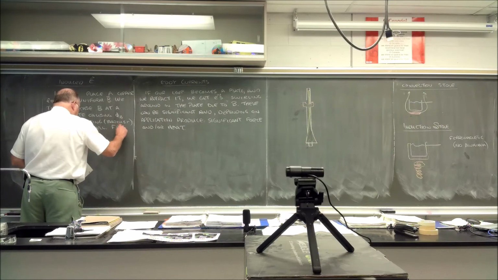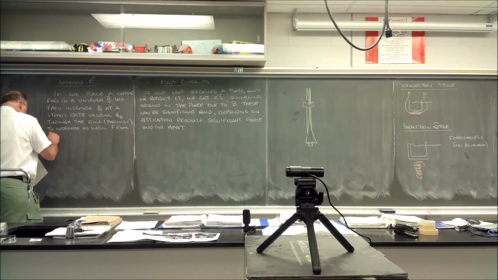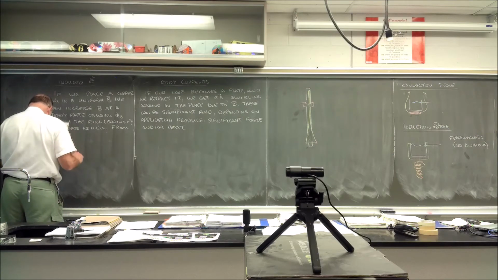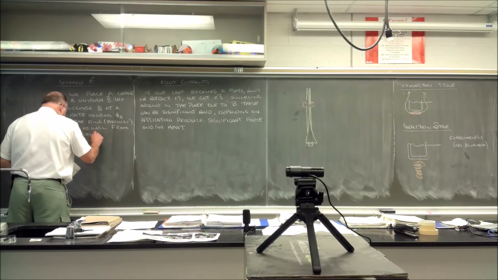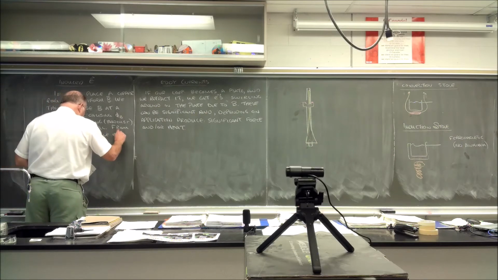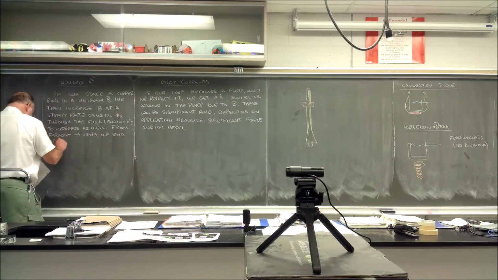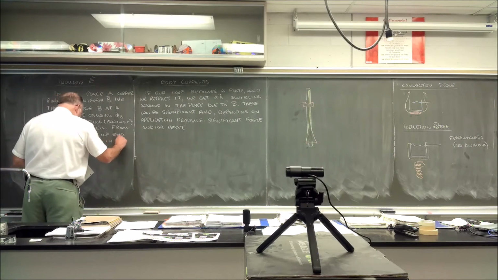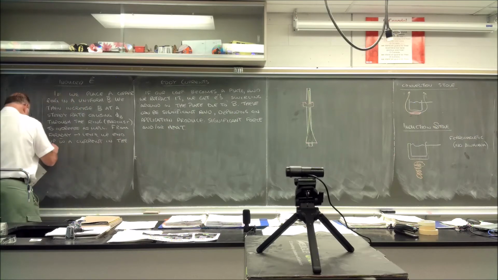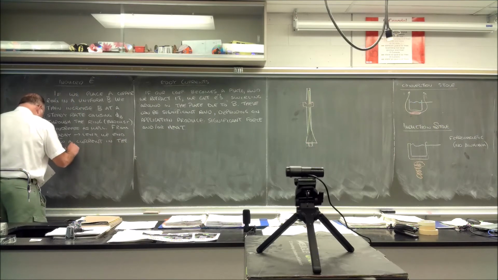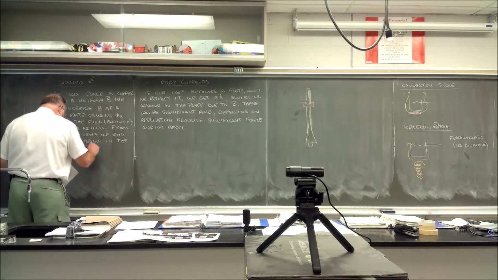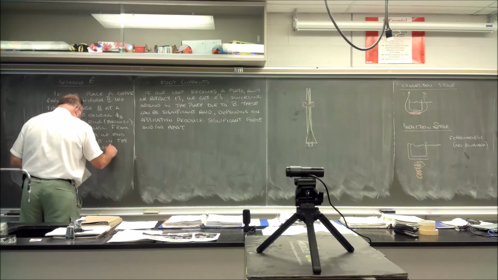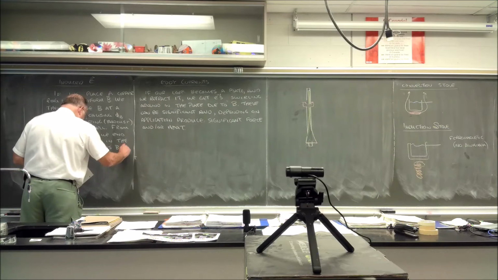From Lenz's law, or well, from Faraday and Lenz, we end up with a current in the ring which opposes the external B field, which we know.